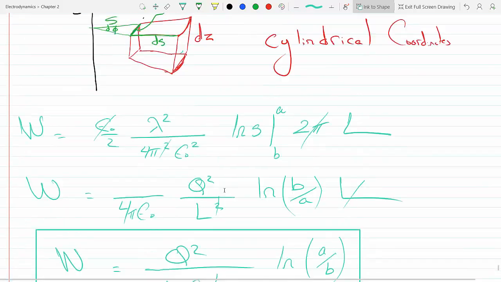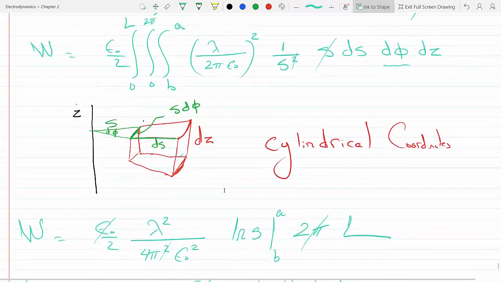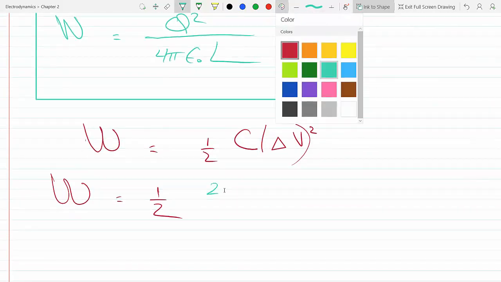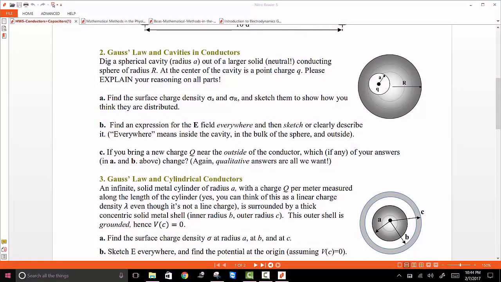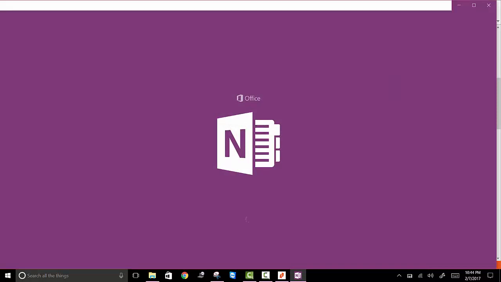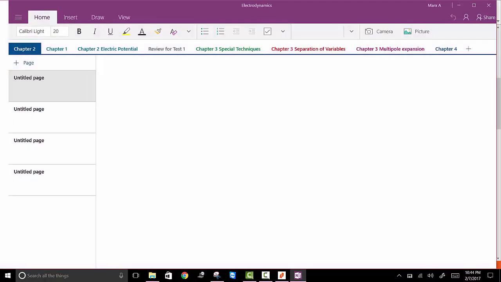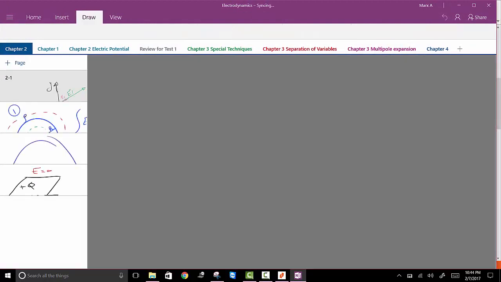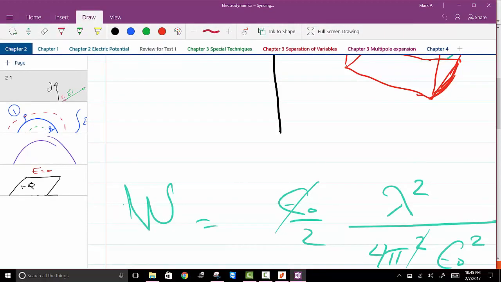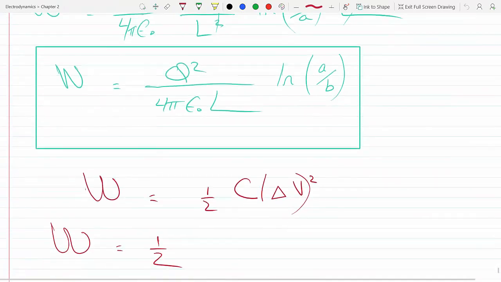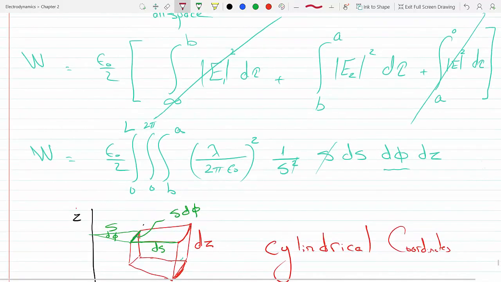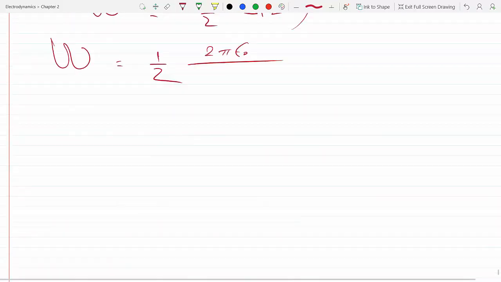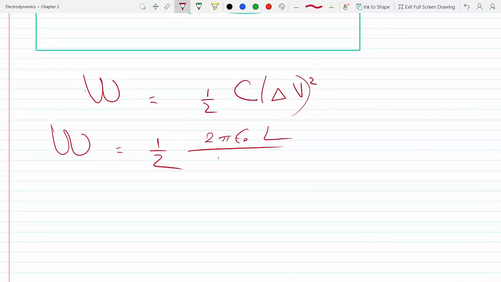So the capacitance was 2 pi epsilon L over ln b over a, right?